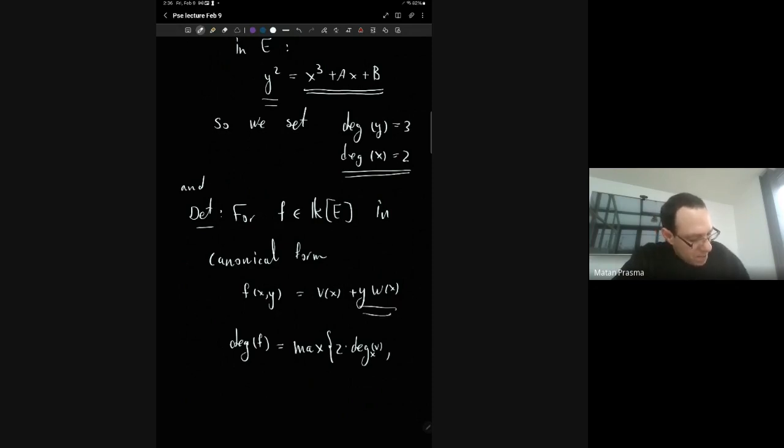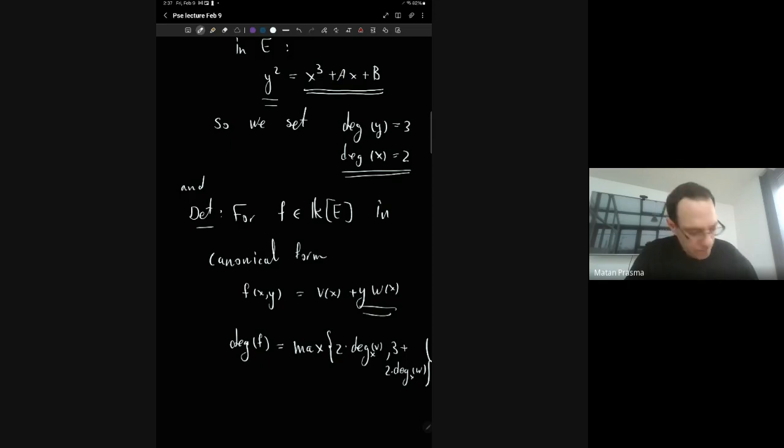And the other summand is 3 plus 2 times the degree of the polynomial w as an ordinary polynomial in one variable. Okay, so this is a definition of degree that is reasonable in our context.